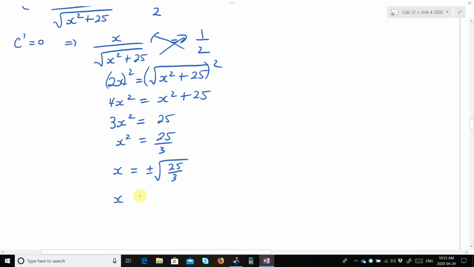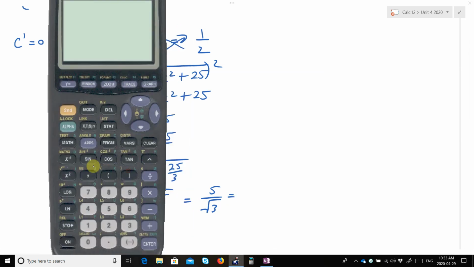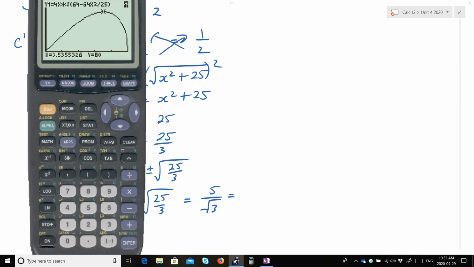X has to be greater than or equal to 0, so x is going to equal the positive square root. The square root of 25 is 5. Square root of 3 we'll just write as root 3. And this is equal to approximately 5 divided by the square root of 3, 2.89.